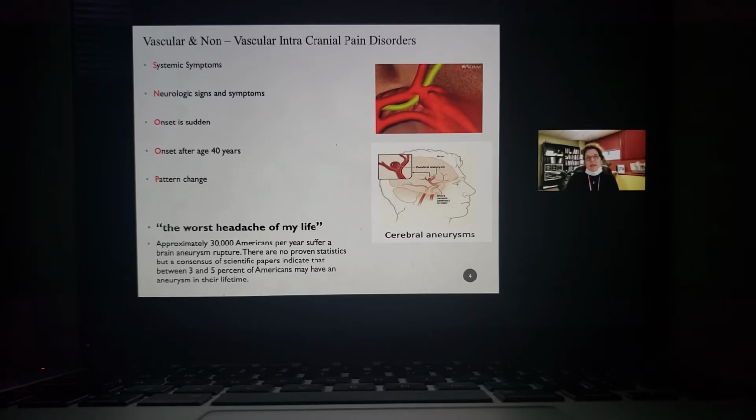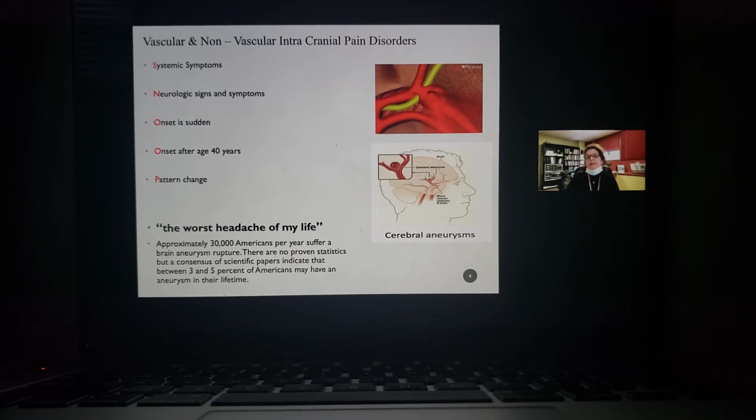And something really striking that I want you to remember is, when individuals are complaining of headache, ask them to describe that headache. One key question is: is this the worst headache of your life? Is this something that you never had experienced before?